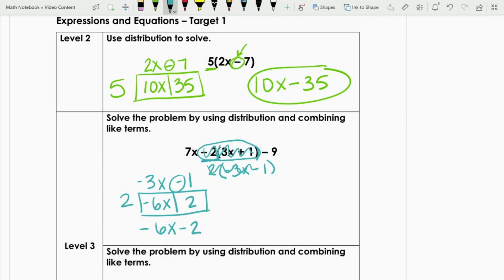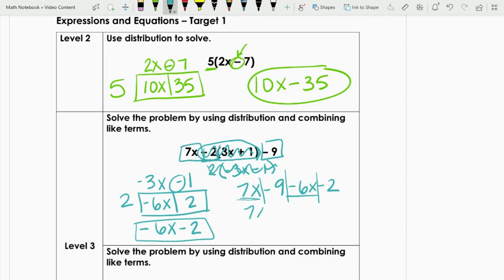We have now distributed. But we have 7x and minus 9 left. So I'm going to write that. And we also have this left. And we need to combine those. So starting from the right, I'm just going to kind of group up the sign with the term. So if I look at my first term, I have x with it.